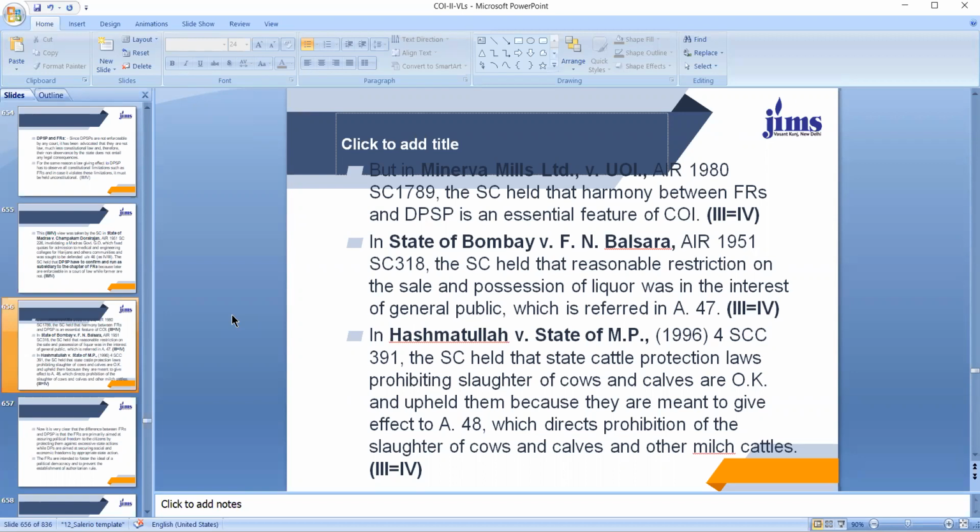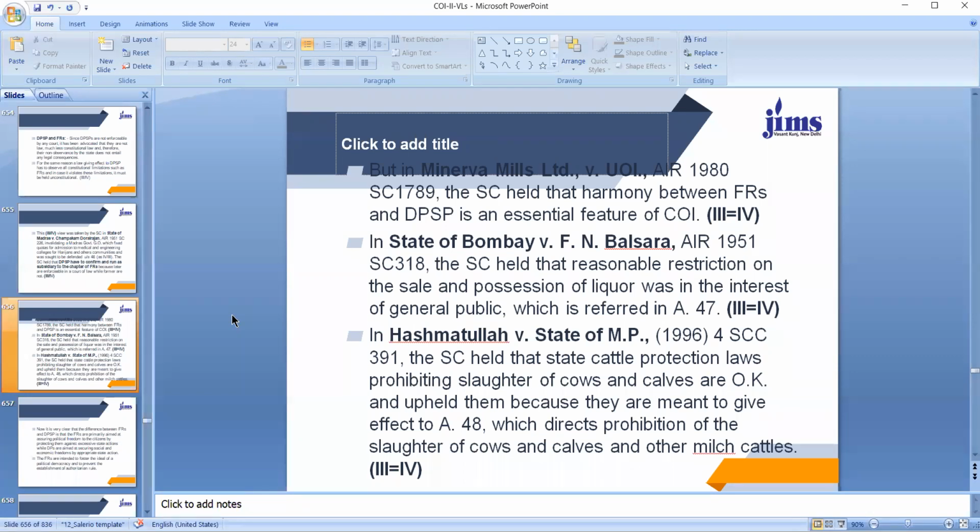This case says that there is a reasonable restriction on sale and possession of liquor. You cannot possess liquor more than a certain quantity at your home. And this restriction is in the interest of general public. And this is in compliance of directive principles of the state policy, that is the policy of prohibition.